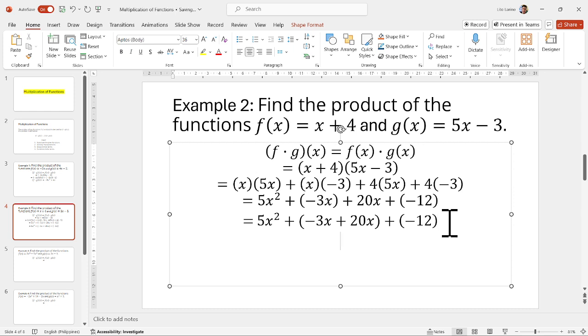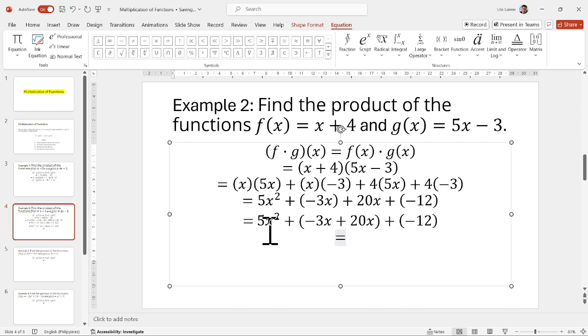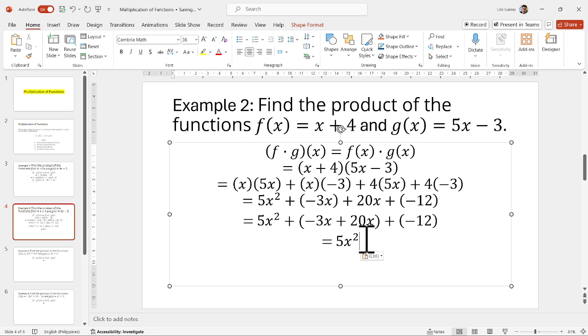And this is now equal to, copy 5x squared, and negative 3x plus 20x, adding unlike signed integers, subtract. This is now positive 17x.